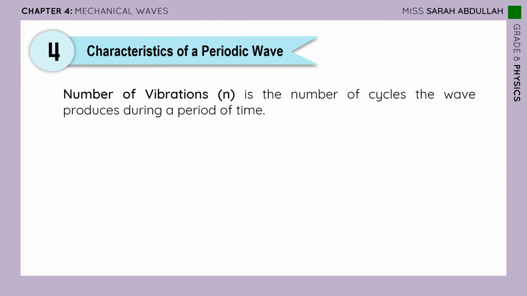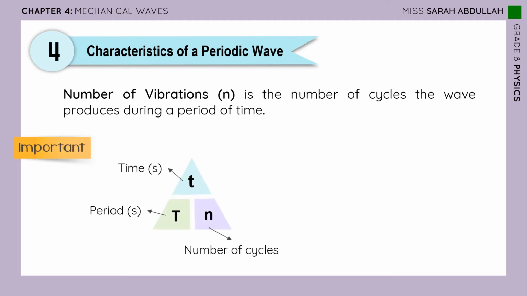Now, moving on to the number of vibrations, which I just mentioned. It is the number of cycles that the wave produces during a period of time. You can count them. 1, 2, see? Now, there is a relation between the number of vibrations, the time, and the period.